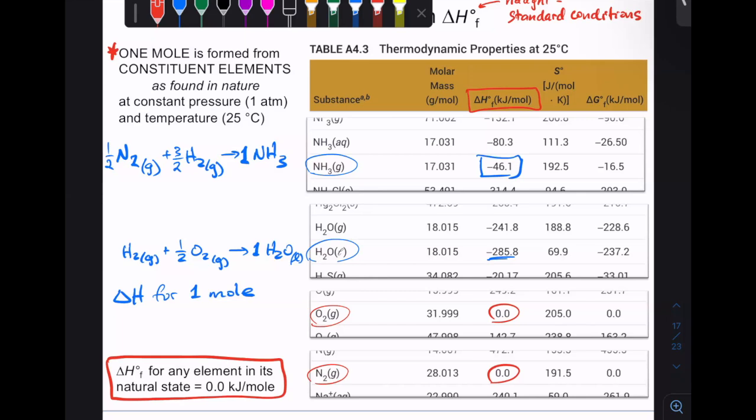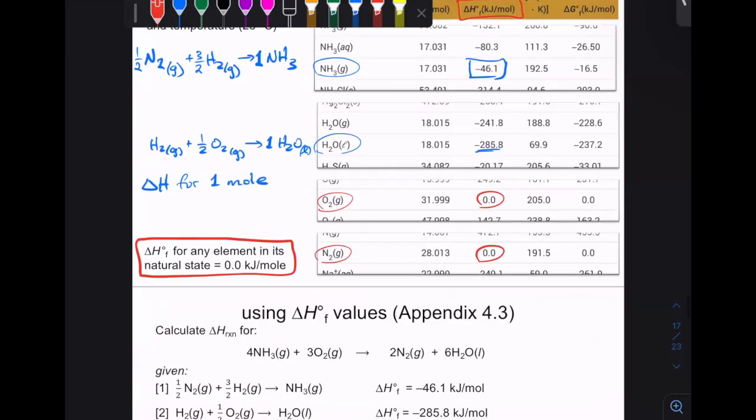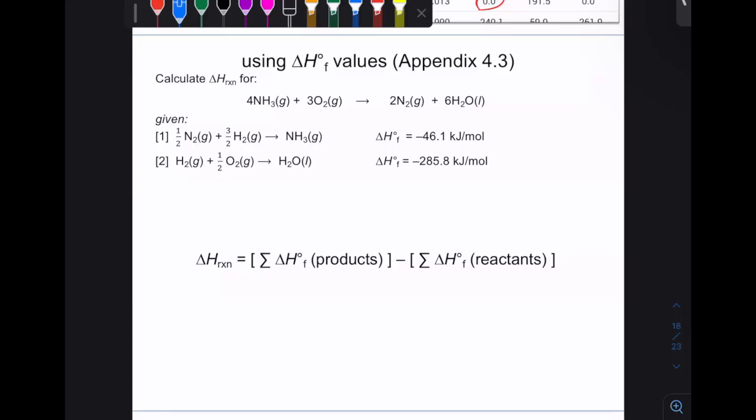Now let's do a Hess's law problem just using delta H of formation information. So I'll lead you through this one. Here's our balanced equation. It's the same task, except now notice that reaction 1 and reaction 2 are both delta H of formation reactions. So that's the information that we're given.